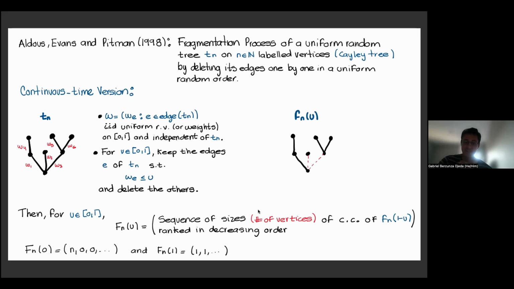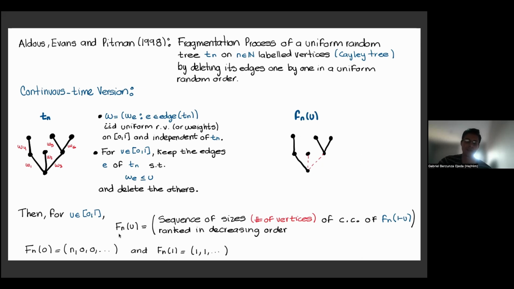You see the evolution of this process as u varies. As u increases to 1, you remove more and more edges of your tree. Every time you remove an edge, you split the corresponding connected component into two subtrees. So as edges are removed, I have a fragmentation phenomenon going on when I look at the sizes of the connected components.